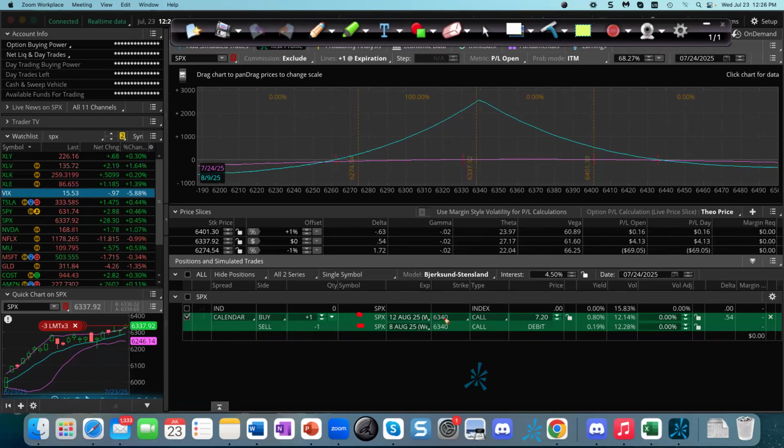If you're more bullish, like in this instance where it's 63.38 in the SPX, I would put my strike on the calendar maybe at 63.80. If I was bearish, I might put it at 6300. And that's a calendar, as opposed to when you hear the word diagonal. A diagonal is simply a mixed month spread: you're buying the further out, selling the closer in, with different strikes.